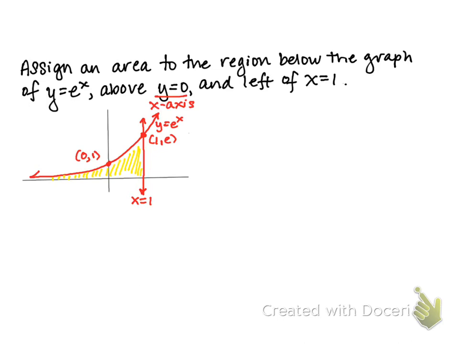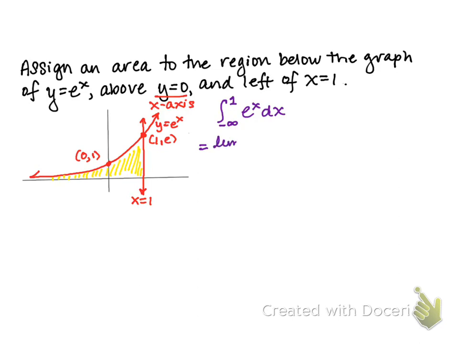And we know that area under the curve is the integral from the left bound to the right bound of the function. Now, because of what we just talked about, we can see this graph is continuous from negative infinity to 1.